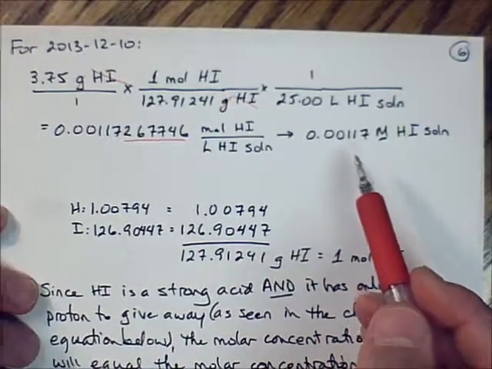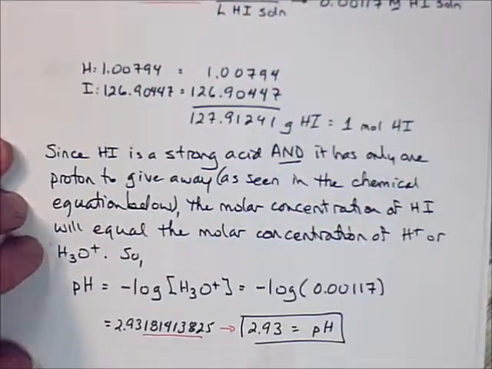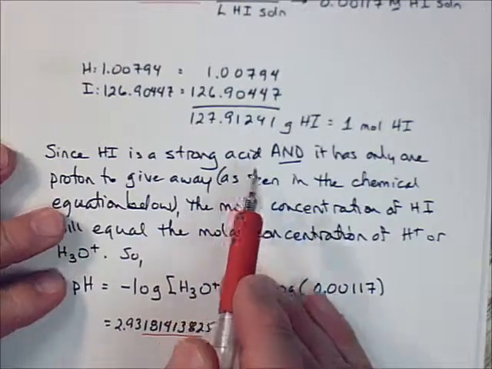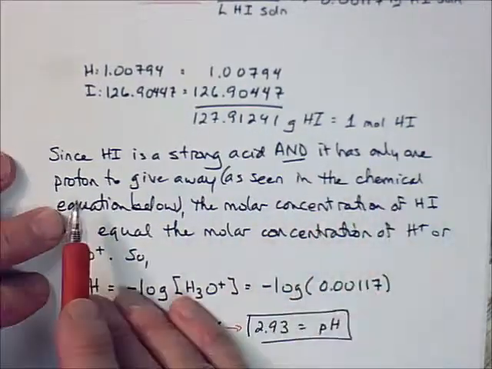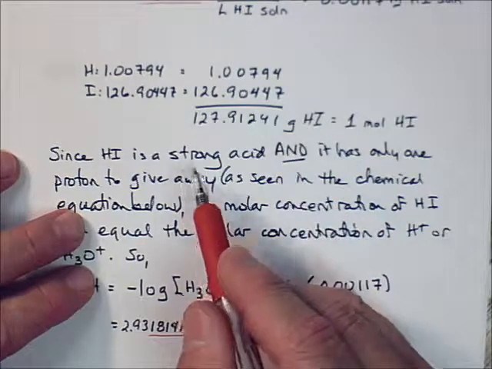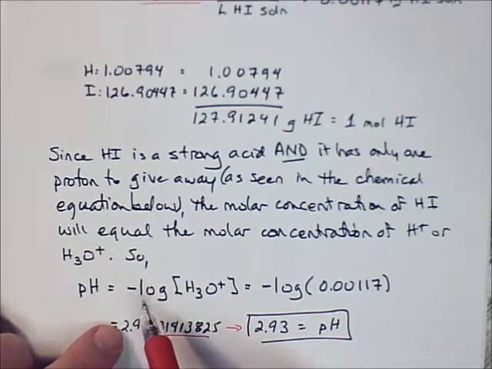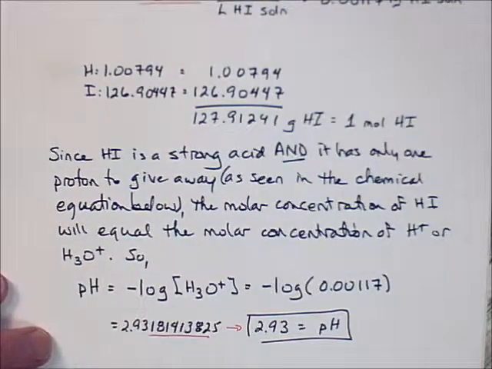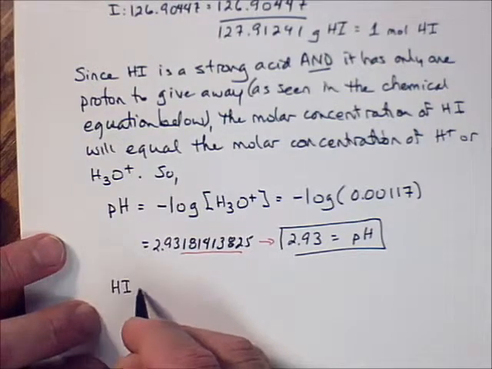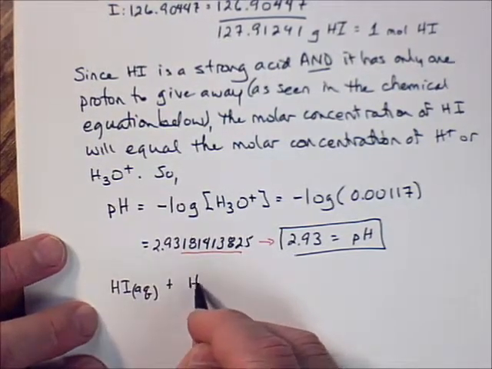Once we get here, we're not quite done. This is the molar concentration. Since hydroiodic acid is a strong acid and has only one proton, HI has only one H on the front to come off in solution, one proton to give away, as seen in the chemical equation. I didn't write it out, so let's write it out here. HI, we're going to put it with a water molecule.